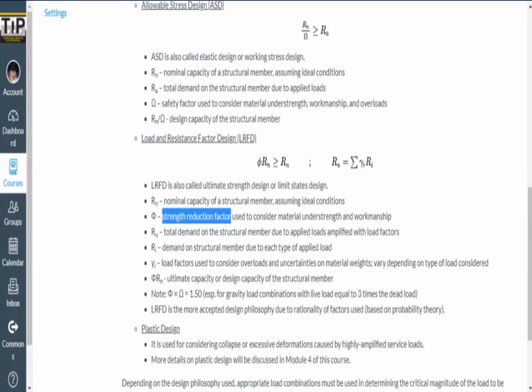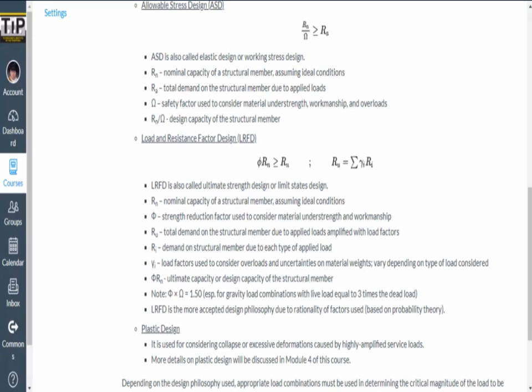So why is it that for each action the strength reduction factor is different? It is due to the prioritization of the effect that you don't want to happen. So for example, in reinforced concrete beams, shear is much more dangerous. Shear failure is much more dangerous to happen than flexural failure, right?